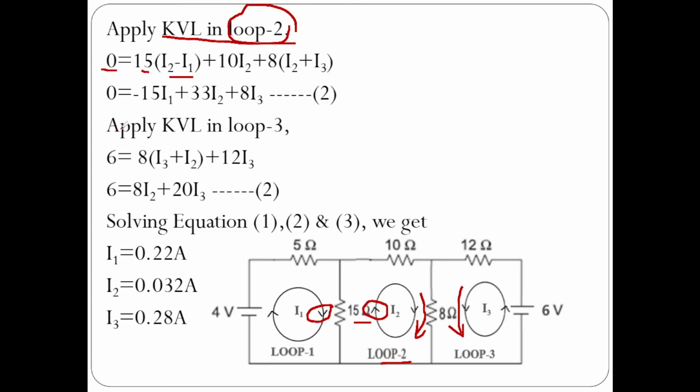Now let us apply KVL in loop 3. So in loop 3, there is a voltage source of 6 volts and 2 resistors are there, 12 ohms and 8 ohms.